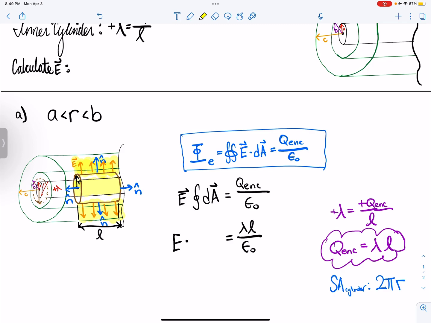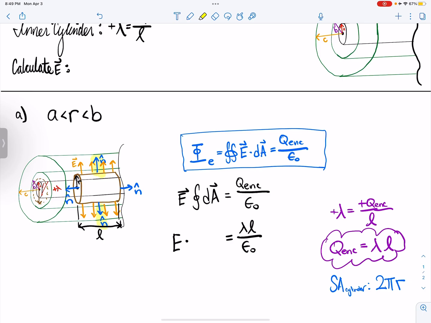The other thing is that we have this surface for the cylinder that's smooth, the sides, and these have normal vectors pointing radially. Or sorry, around the cylinder right here on the sides.